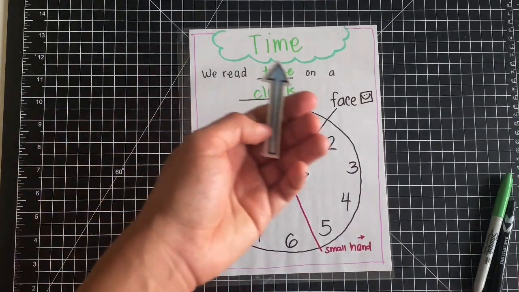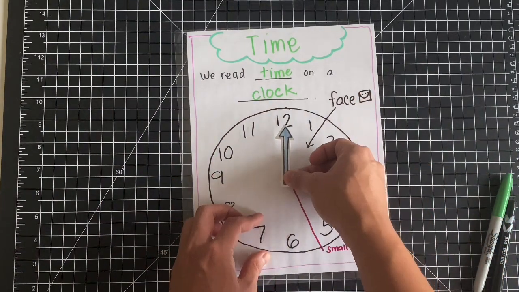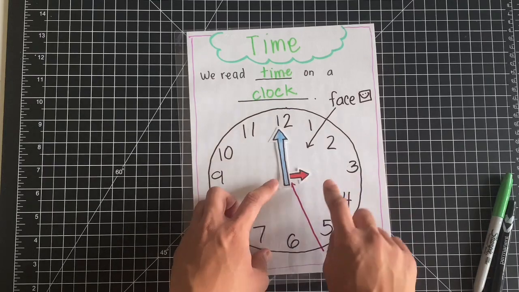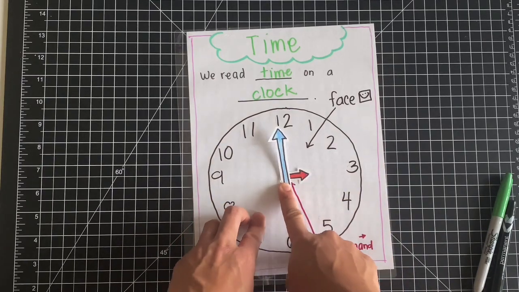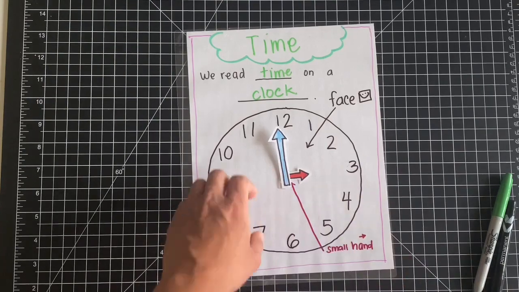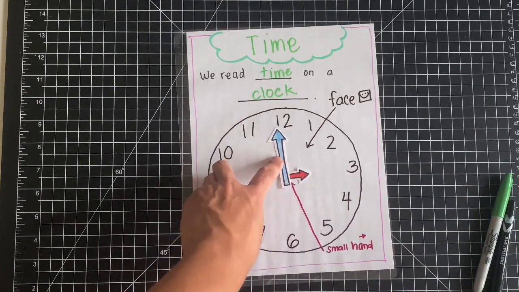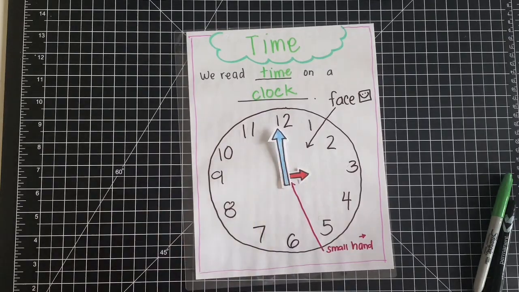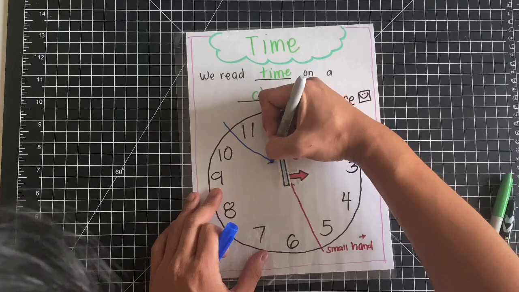And now let's move on to the bigger arrow. So this is a big arrow. And again, both arrows, they live in the middle of the face. So we have the small arrow, the small hand, and we also have the big hand. So I'm going to draw an arrow pointing to the big hand.